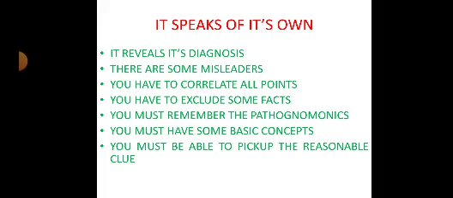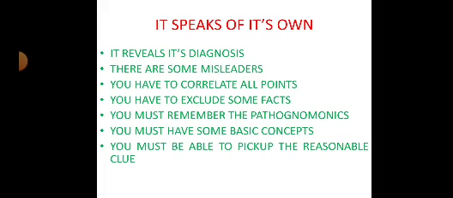It means by examining the information provided there, you have to exclude a few options, that this option is not related directly to more than one piece of information provided. You must remember the pathognomonics.